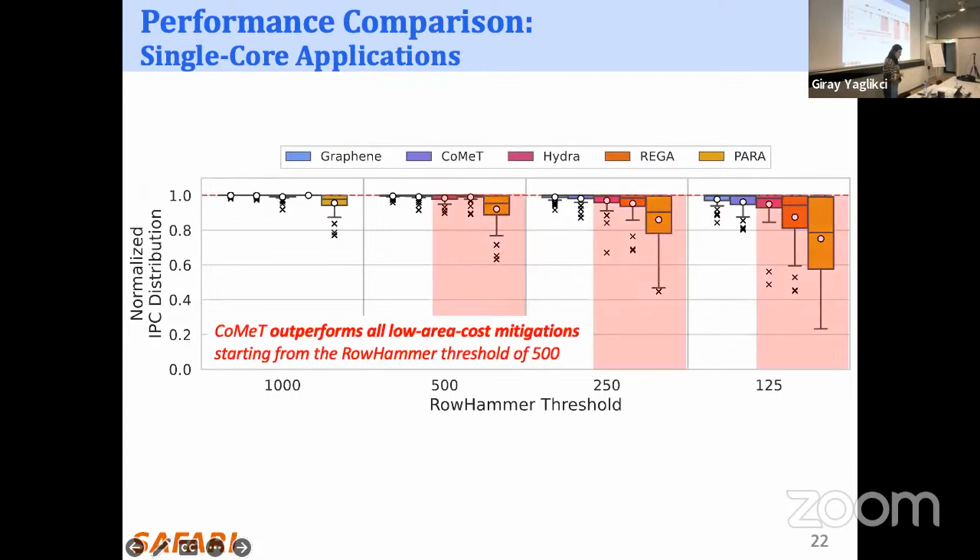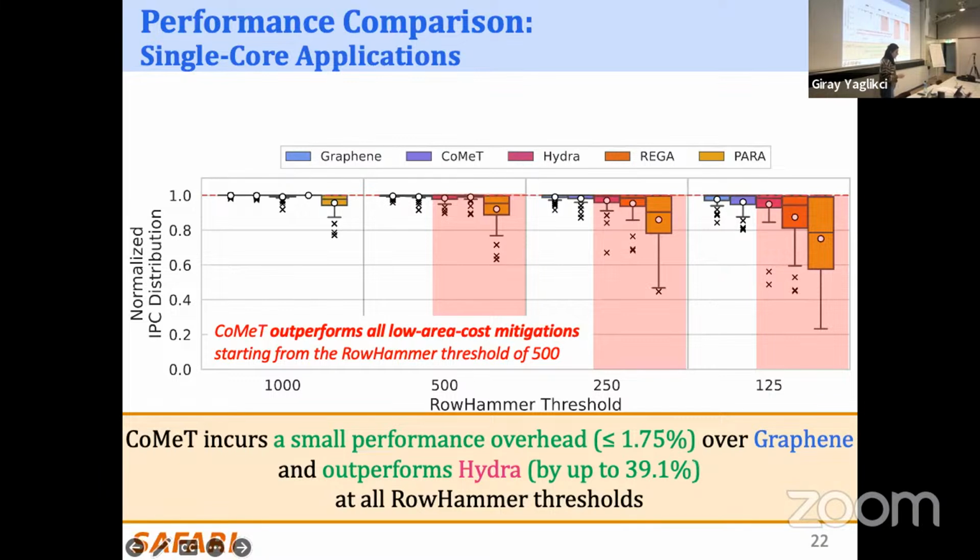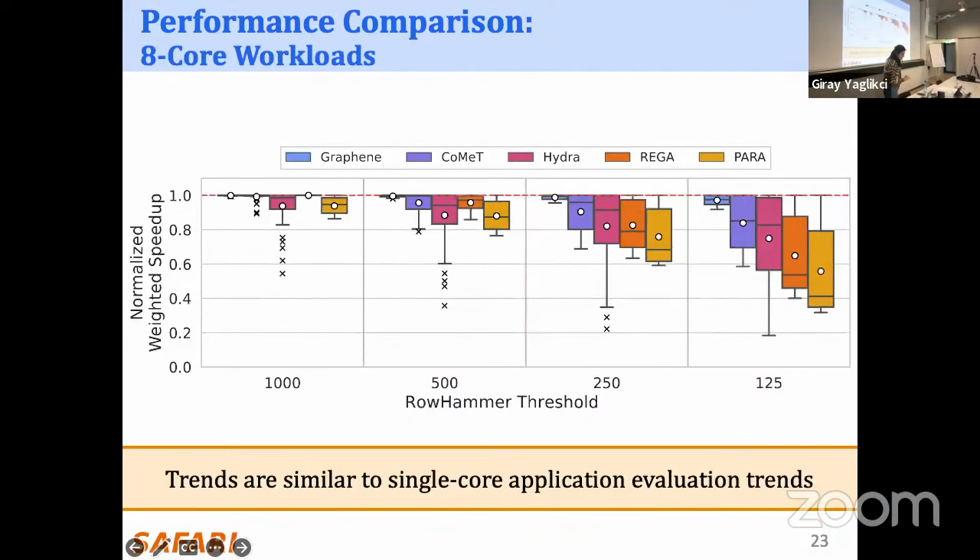And here we see that Comet outperforms all low area cost mitigations starting from the RowHammer threshold of 500. And we conclude that Comet incurs a small performance overhead over Graphene and outperforms Hydra at all RowHammer thresholds. And this is the same analysis across 8-core multi-programmed workload mixes, and the trends are pretty similar to single-core ones.